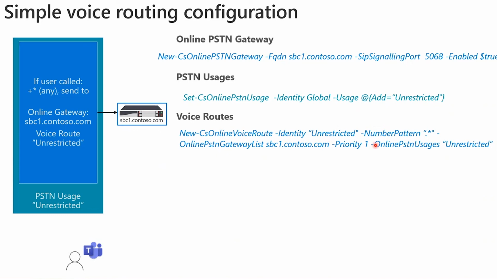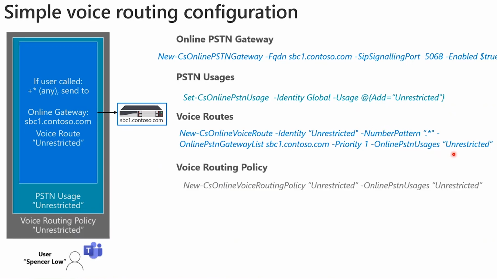I call this unrestricted, and I assign a number pattern to be dot star. So anything that's being dialed by the user will be sent to this gateway. I need to provide a list of gateways. I only have one at the moment. Priority 1. We will talk about priority in the multiple gateway scenario, but you need to provide a priority. And I'm assigning this to a PSTN usage, in this scenario called unrestricted.